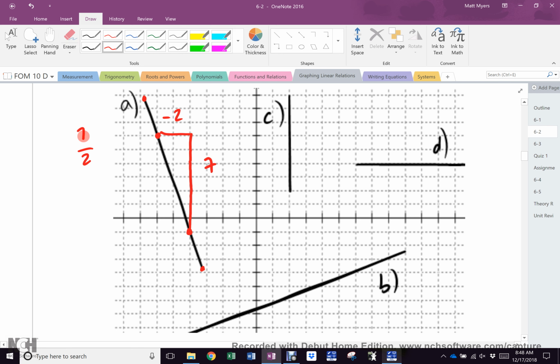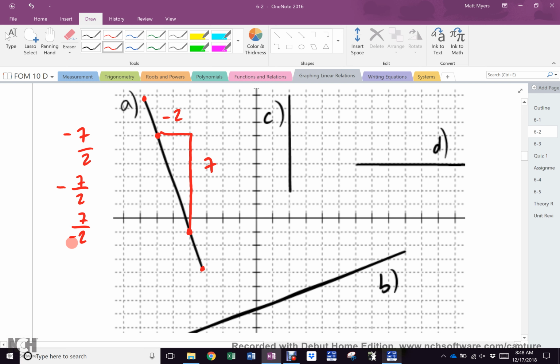So what's my slope? -7/2. Can the negative go with the 7? Yes. Can the negative go with the 2? Yes. Could the negative go right in the middle? Yes. Can the negative go with both of them? No. This, and this are all the same thing.